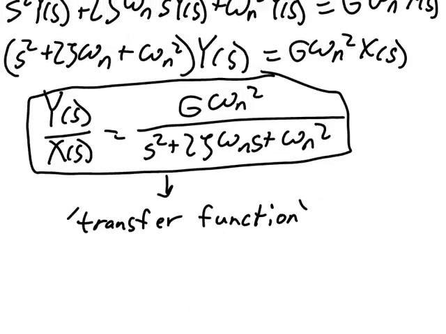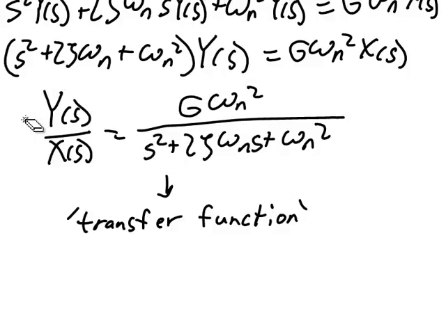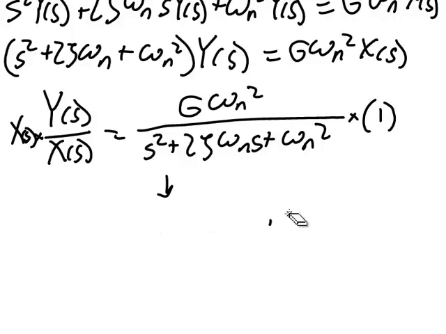If we want to apply an impulse input to this system that we have up here, all I have to do is take both sides of this equation and multiply them by x of s. And if we have an impulse input, the value of x of s is going to be 1. That means that my output, y of s, will be equal to this term over here.